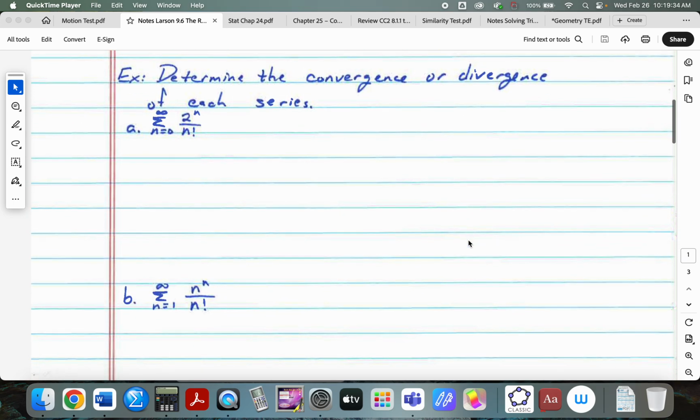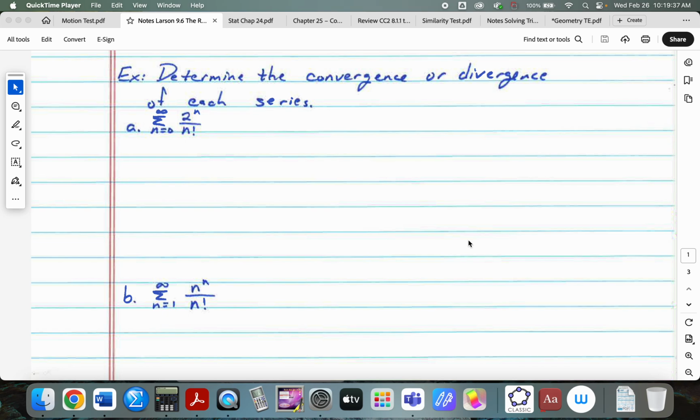So let's determine the convergence or divergence of each of these series. So here we have the summation as n goes to infinity of 2 to the nth over n factorial. Again, we should always first look at, all right, does this pass the nth term test for divergence?